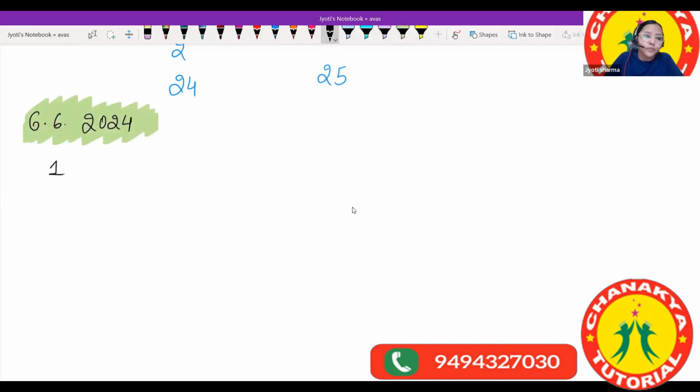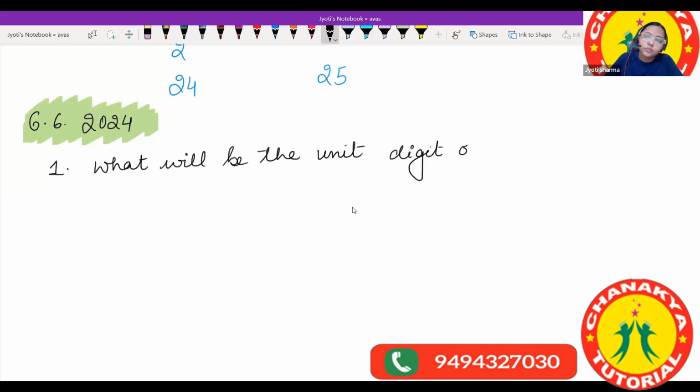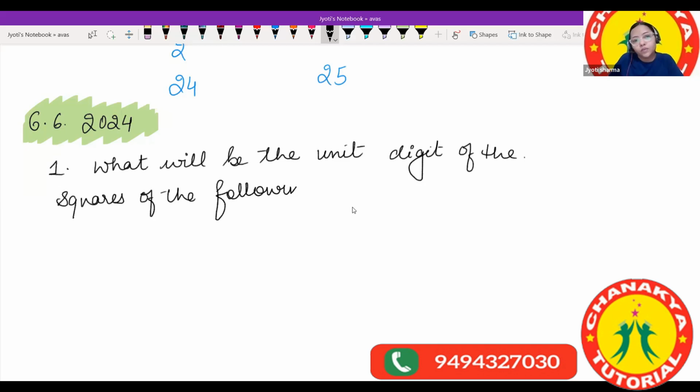Here, for the first question, you need to write your answer in the chat box. What will be the unit digit of the squares of the following numbers?